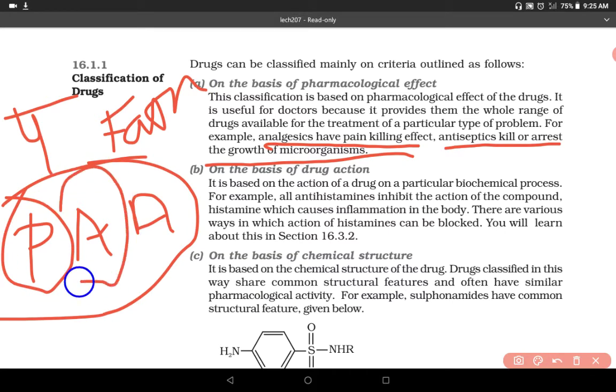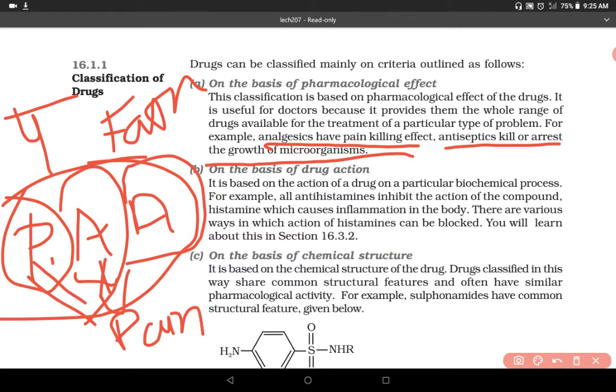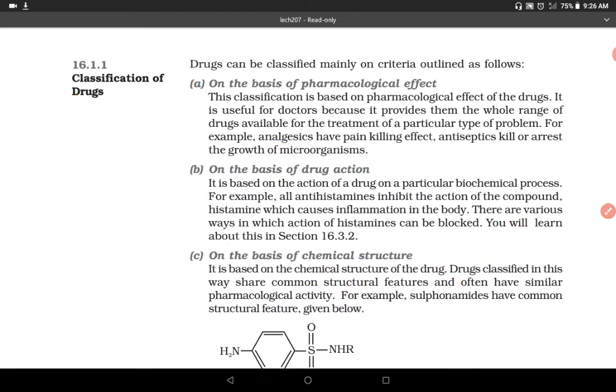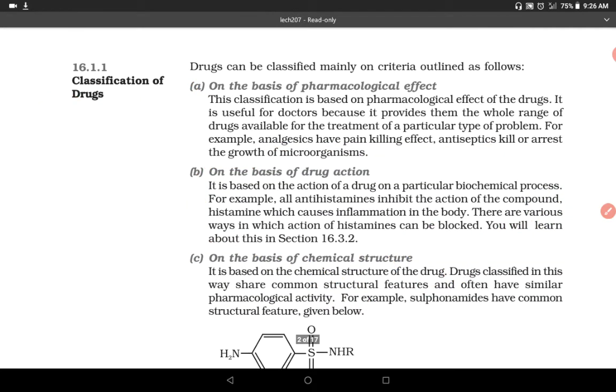What is A? Analgesic effect. What is the other A? Antiseptic. This analgesic helps in pain; you can relate it to pain. And this A stands for attack on microorganisms. This whole thing is represented by pa.